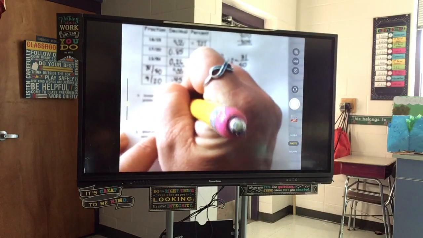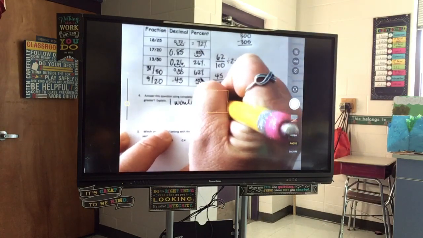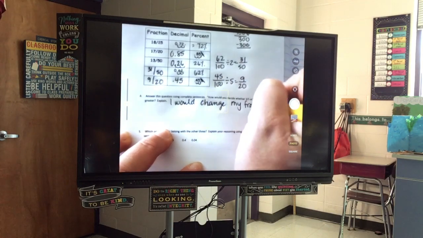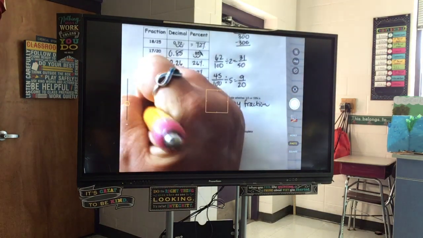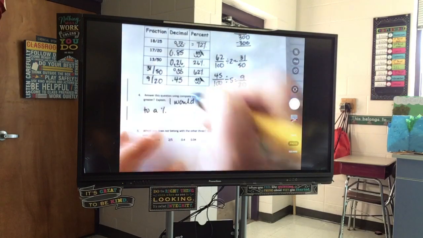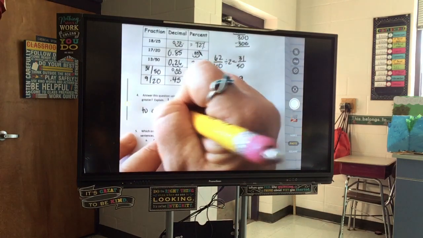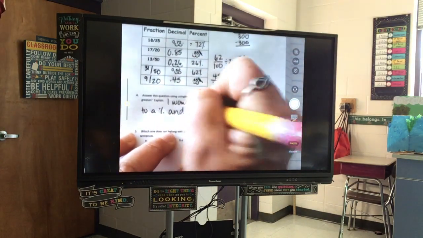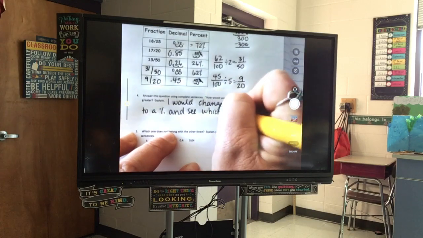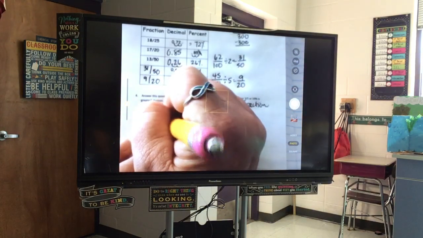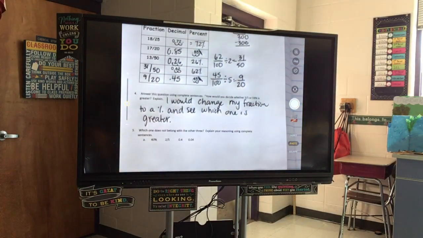I would change my fraction to a percent, and then what? See which one is greater. All right, thumbs up when you have that written.